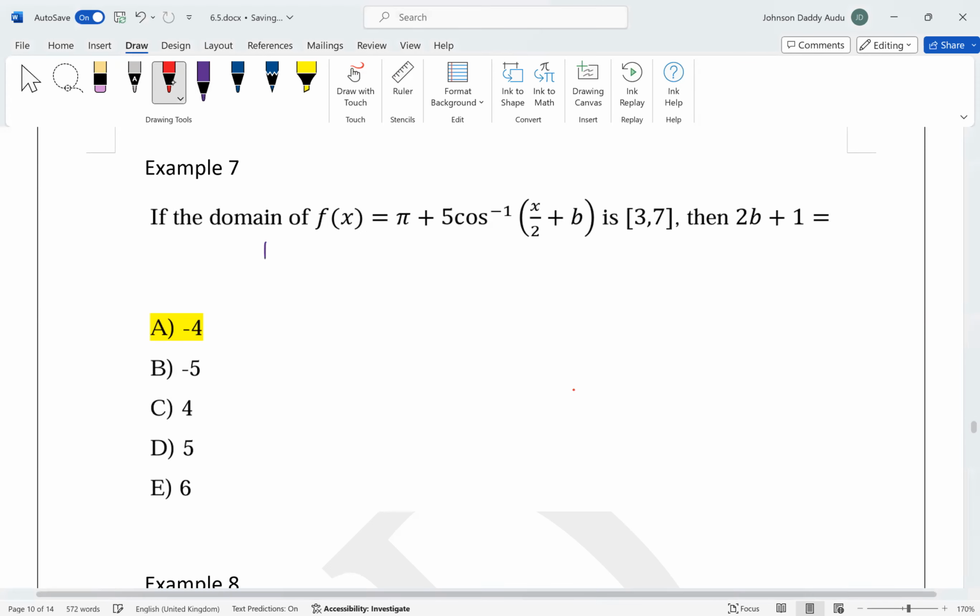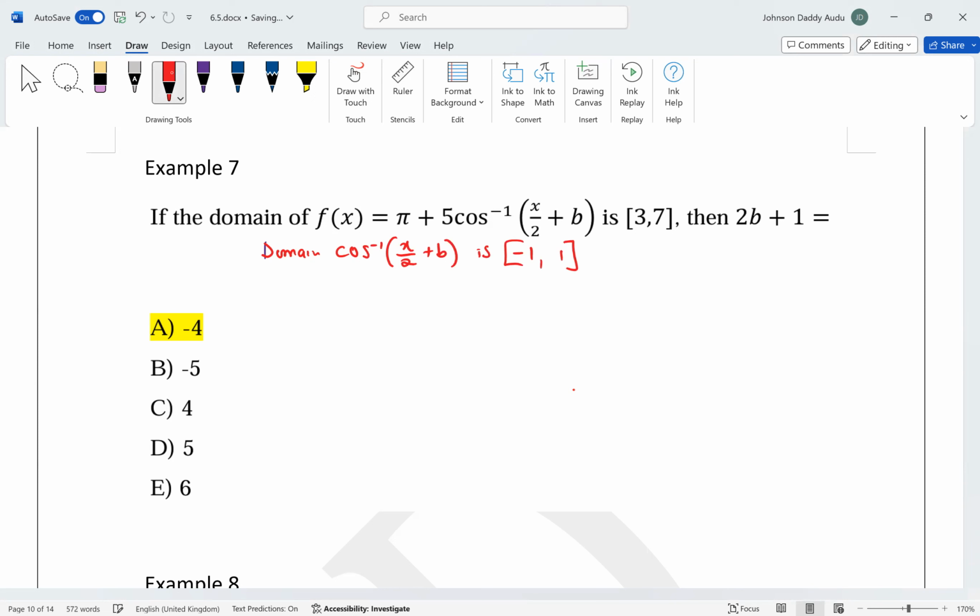It is a known fact that the domain of cosine inverse of x over 2 plus b is going to be minus 1 to 1.